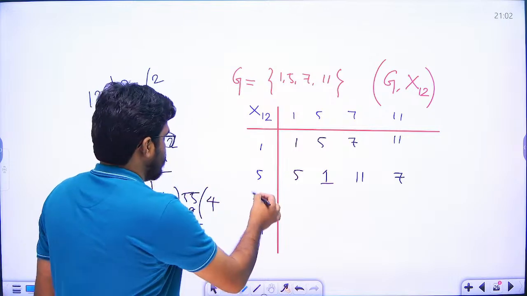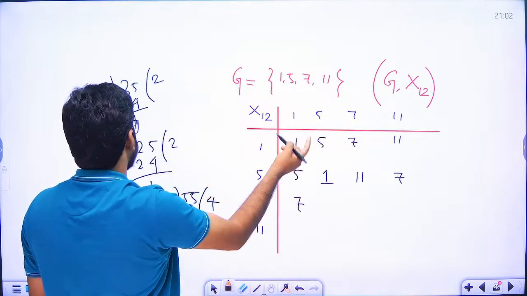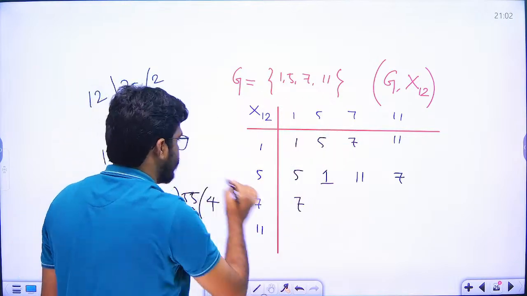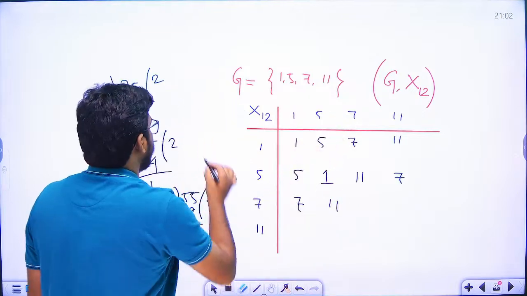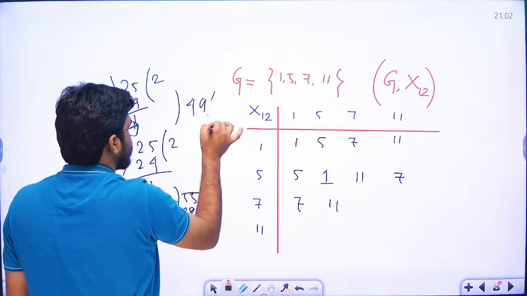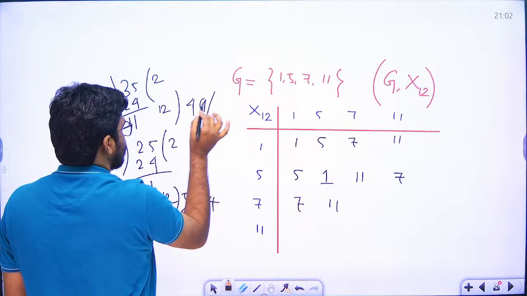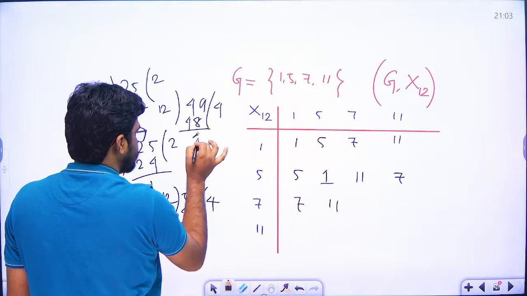Clear? 7 into 1, 7. 7 into 5, 35. Dividing 35 by 12, the remainder will be 11. 7 into 7, 49. 49 divided by 12, what is the remainder? The remainder is 1.